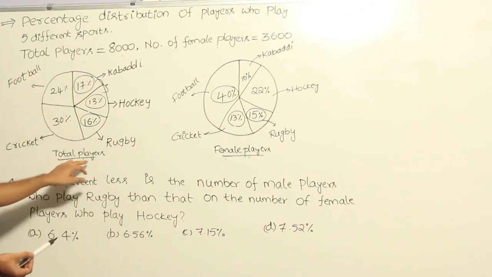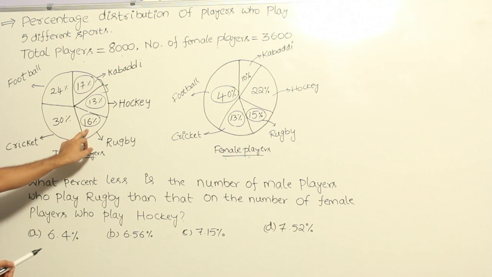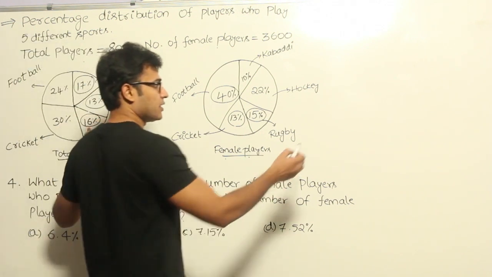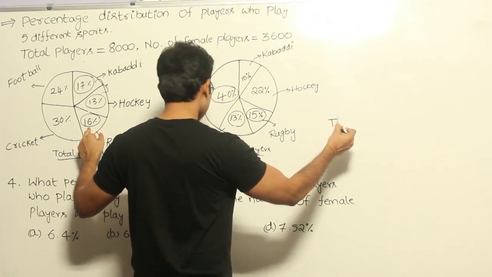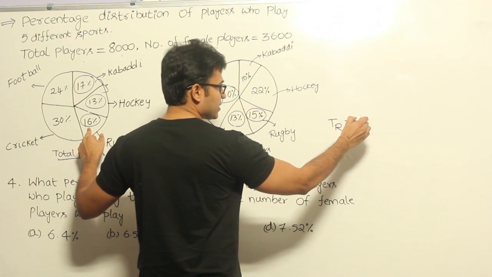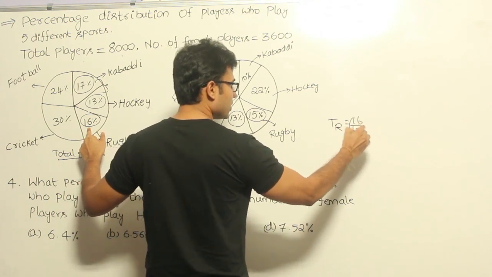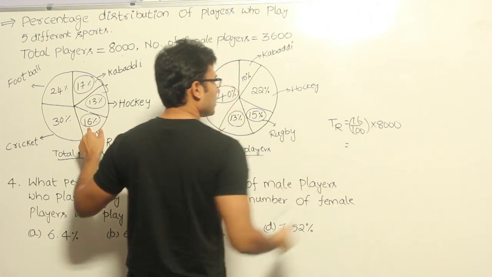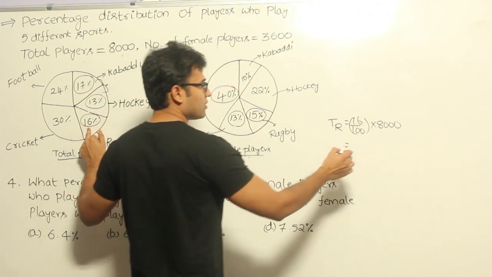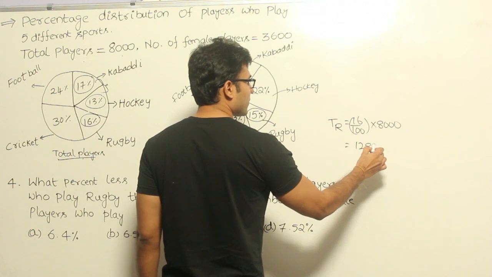The total number of players playing rugby is given here. It is 16% of the total players, which is 8000, right? And now this number turns out to be 1280.